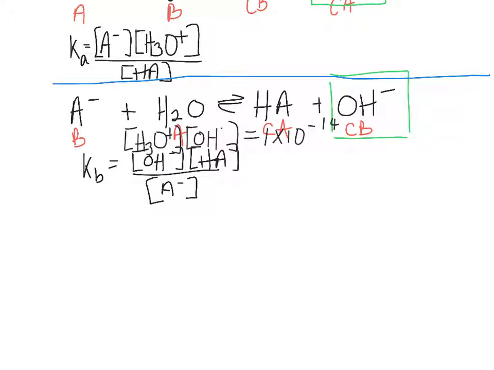Now, what I want you to do is rearrange your Ka and your Kb so that you've got H3O plus isolated and OH minus isolated. So you should have something like what's written in green.